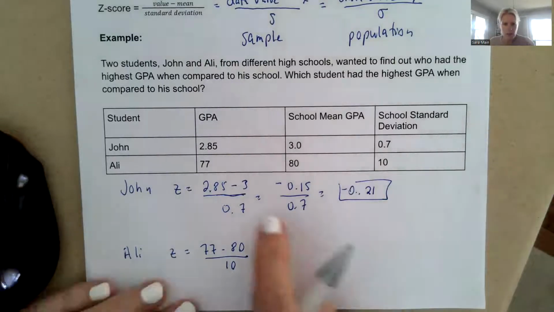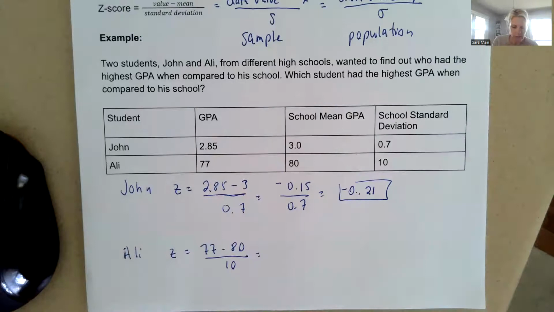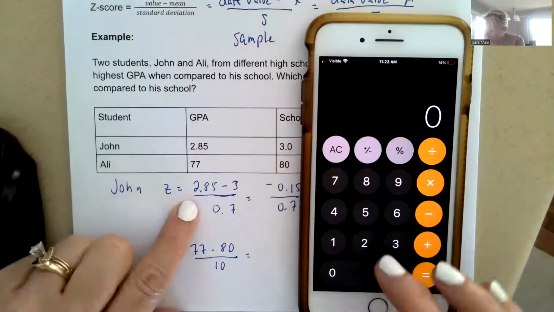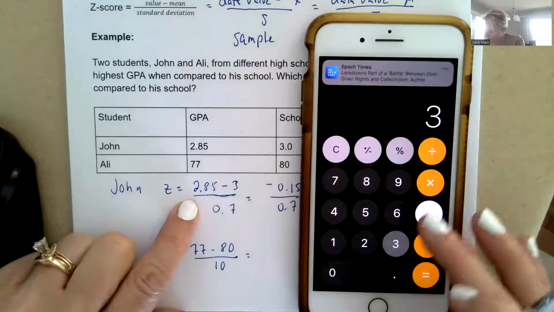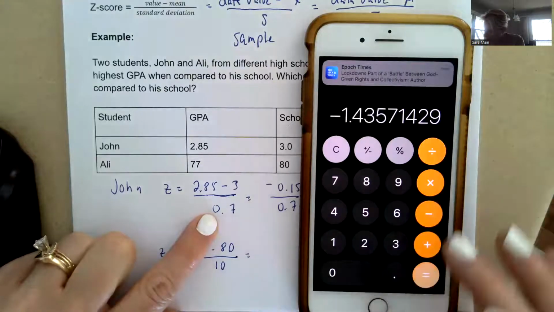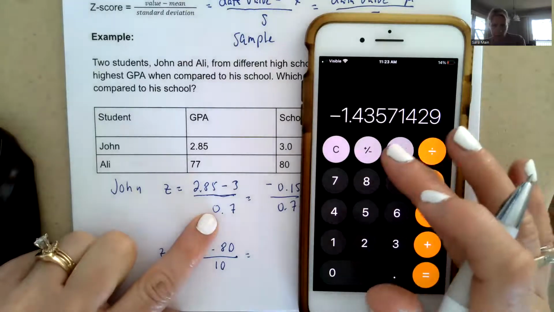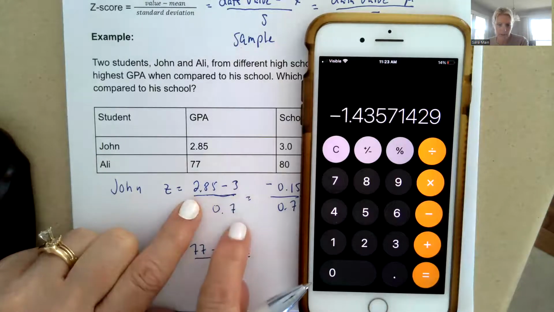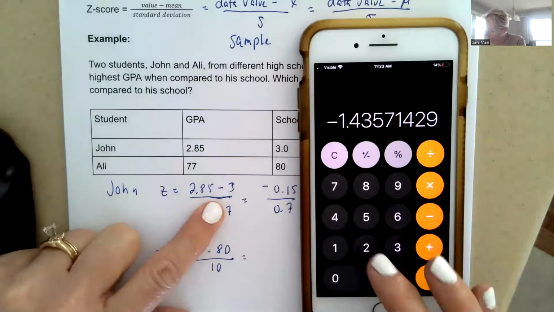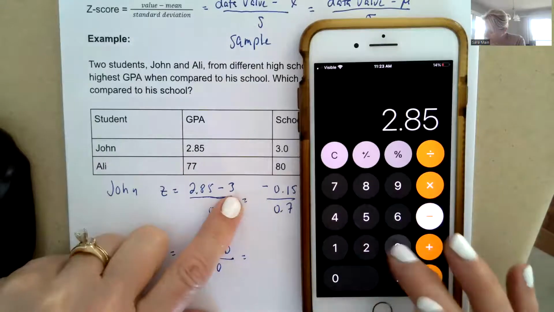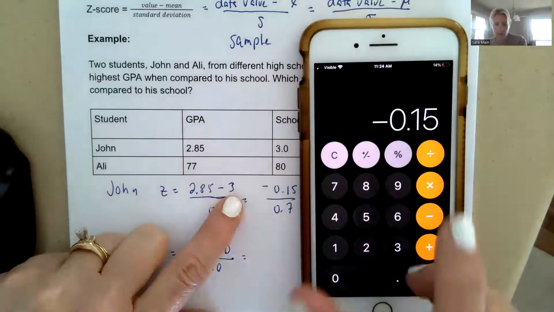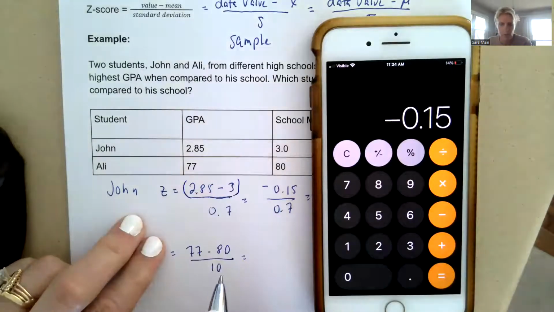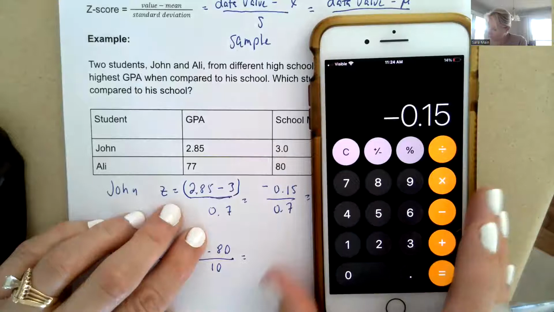Had we done it in this order, 2.85 subtracting 3 divided by 0.7, we would have gotten 1.44. But that's because it divided the 3 by 0.7 first. So you have to do 2.85 subtracting 3 first. If you want to do it in one piece on your calculator, if you put the numerator in parentheses, it will do it with the correct order of operations.